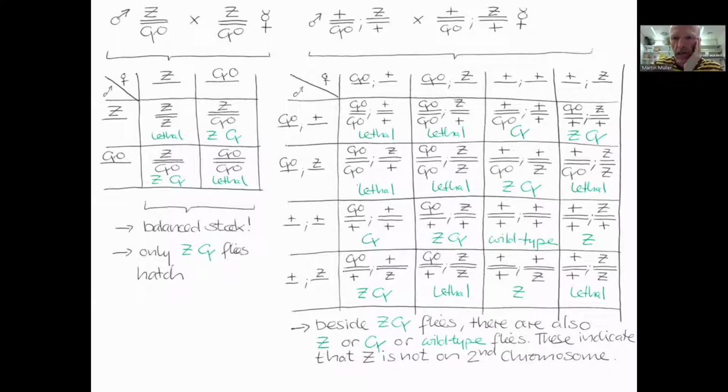Some of these are lethal, as you can see, homozygous curly or homozygous Z here. But in this case, you of course get the Z curly flies phenotypically, but you also get flies which are only Z, or only curly, or even wild type. And if you see that you get these phenotypes here, you immediately know Z is not on the second chromosome.